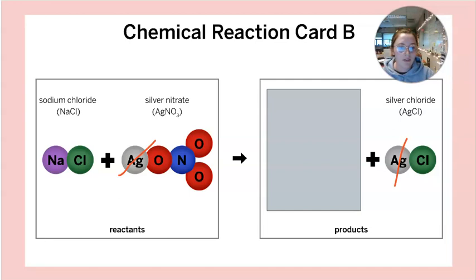Silver, take that off. Chlorine, take that off. Chlorine, take that off. That means that I have my nitrogen, my oxygen, oxygen, oxygen, and this time I get my sodium. Hopefully with me.